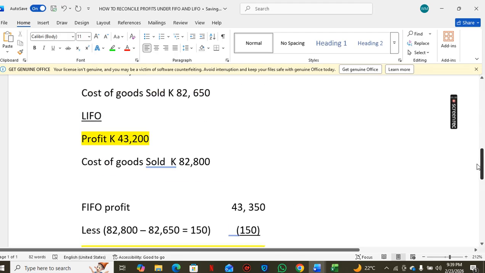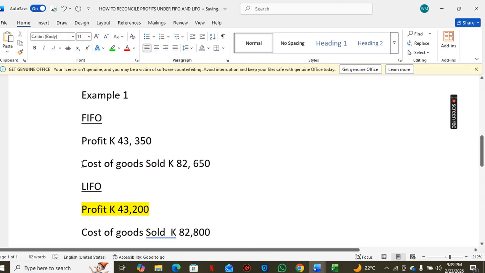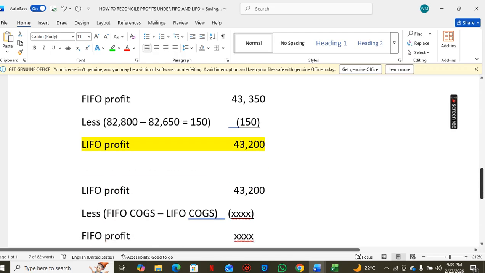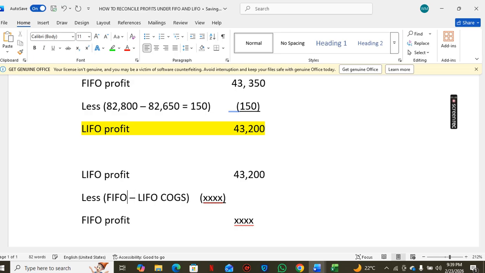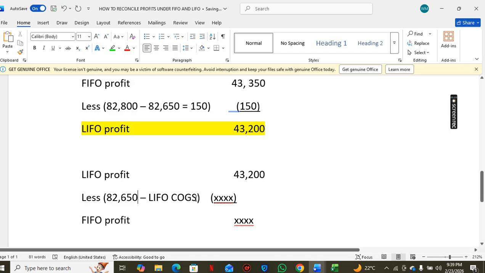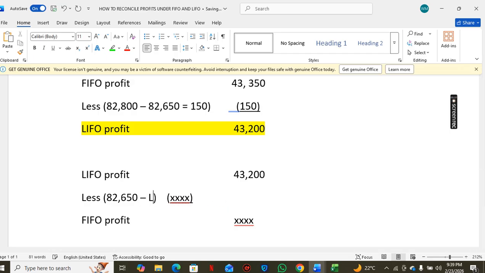So the FIFO cost of goods sold, 82,650, minus 82,800.